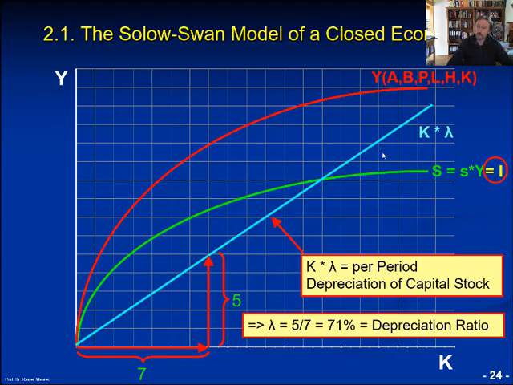If you would use a more realistic depreciation ratio like 3%, this bright blue curve here would be very, very flat around here, and as we will see in the following, this would make the total analysis graphically quite complicated. So this is the explanation for the very high depreciation ratio.